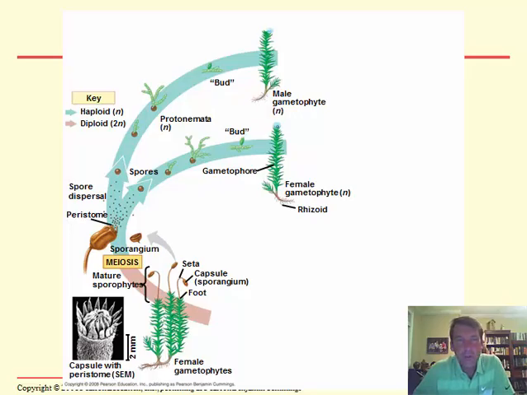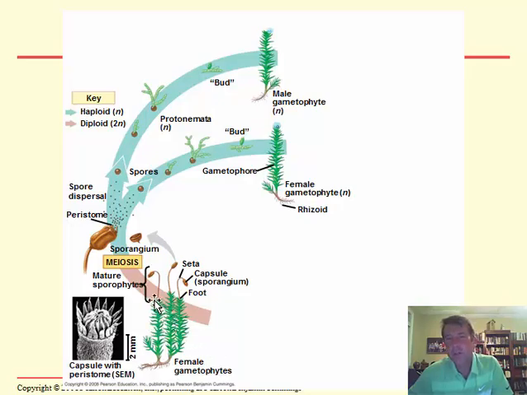So the mosses are a good example. We can begin with this one here. So the mosses, like all plants, release spores. So spores are produced from the sporophyte. Here's a sporophyte. So all mosses have a green leafy portion that you would recognize as the moss. And those are called the gametophytes.